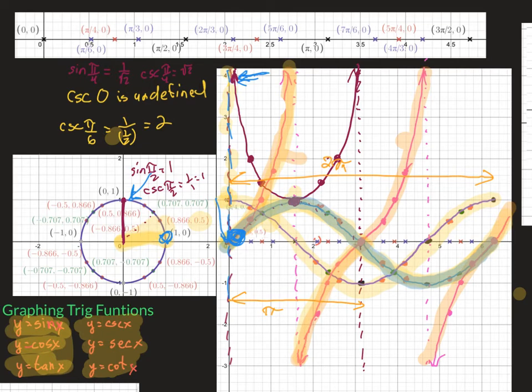Okay, what happens just beyond pi? What happens over here? Well, this is where sine goes from positive down to negative. So now the cosecant will also go from positive to negative, because 1 over a positive number is positive, 1 over a negative number is negative. But just beyond pi, sine is a very, very small negative number. So cosecant will be a very, very large negative number.